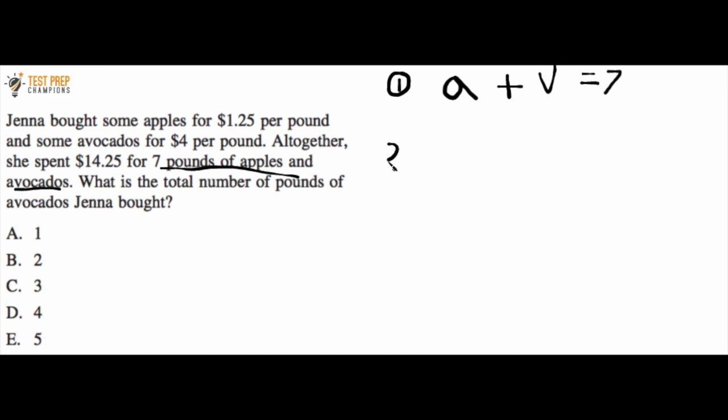Now, let's write the second equation. So the second equation is going to look like this. We'll have 1.25A plus 4V, because it says here she bought some apples for $1.25 per pound and avocados for $4 per pound.